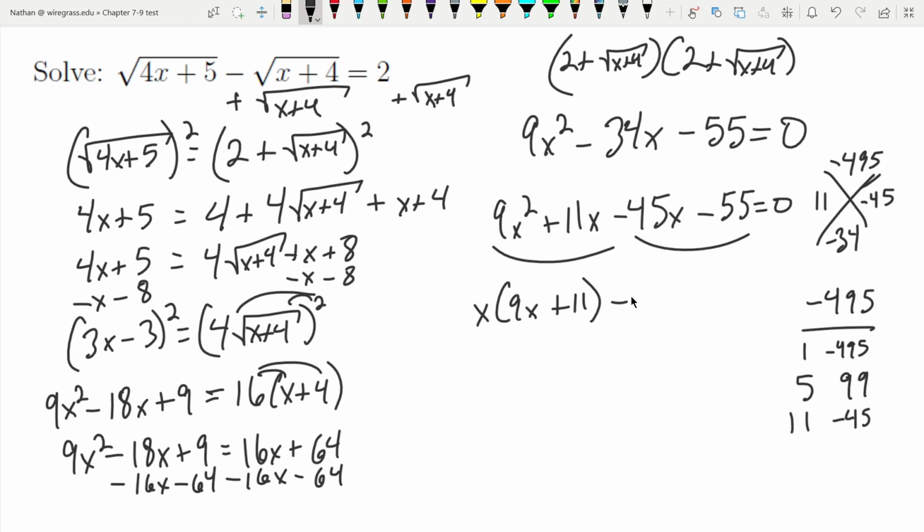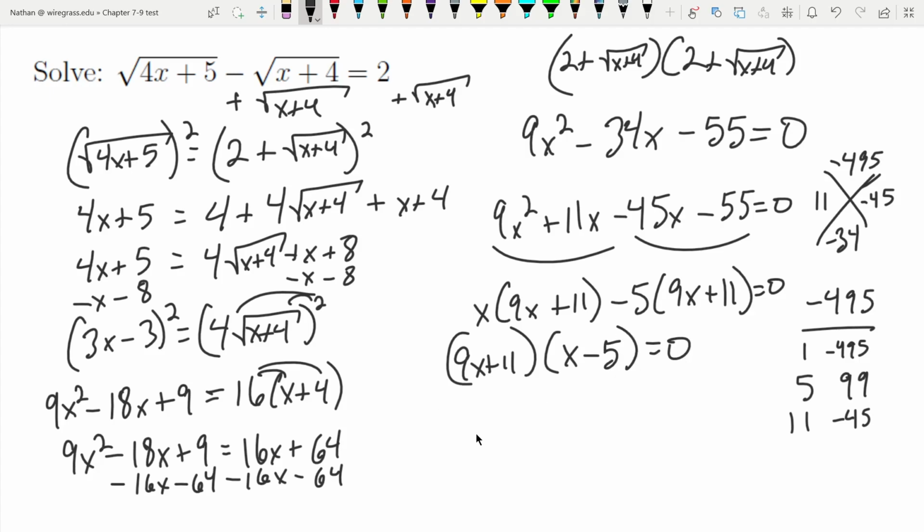Gives me 9x plus 11. And that means I can take out a 9x plus 11 and an x minus 5. So my solutions are x equal to negative 11 over 9, and this is just going to be positive 5.